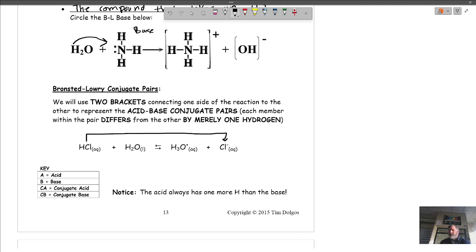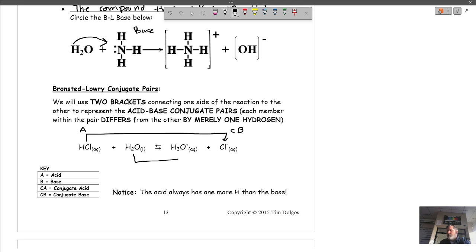So this is what we call the acid, and this is what we'll call a conjugate base. Now, the reason it's a conjugate is because it's connected to the hydrochloric acid. You see the chlorine in both sides. It's a base because it would accept a hydrogen if it could, but during this process, the left to right reaction shows that hydrochloric acid acts as an acid, and the conjugate base acts as a base.